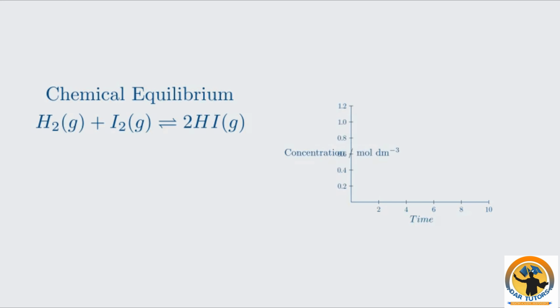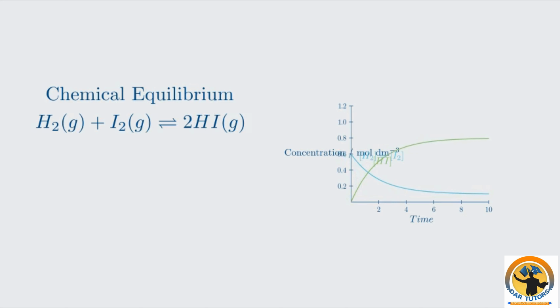Let's visualize this with a graph of concentration versus time. Initially, we have high concentrations of reactants, H2 and I2. The product, HI, has zero concentration. As the reaction begins, the reactants are consumed, so their concentrations decrease rapidly. At the same time, the product, HI, is being formed, so its concentration increases rapidly.